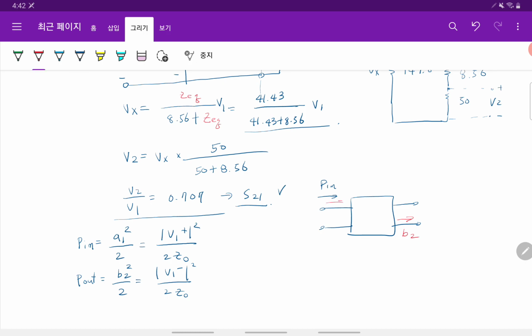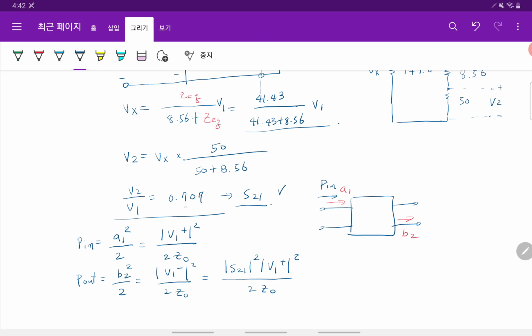This is A1. So this is basically S21 squared times P1 plus squared over 2Z0.